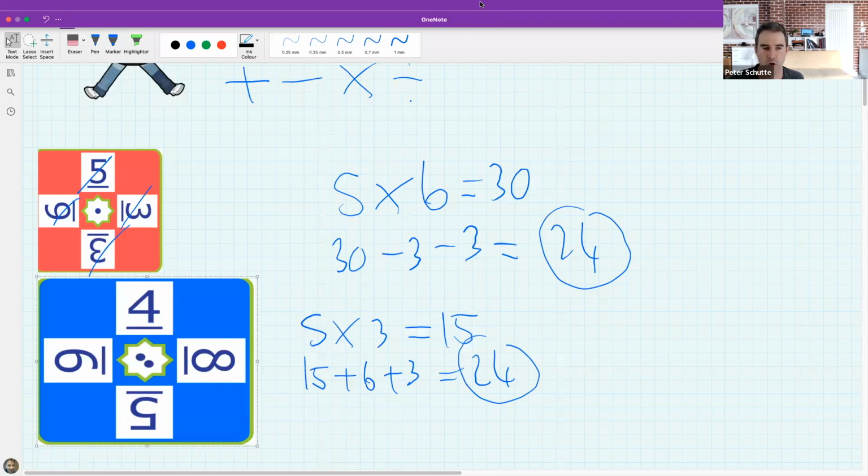So for those who are feeling a bit confused, we have to use each number once, and we're only allowed to use plus, minus, times, divide, and brackets, and we're trying to make 24. That's the aim of the game.